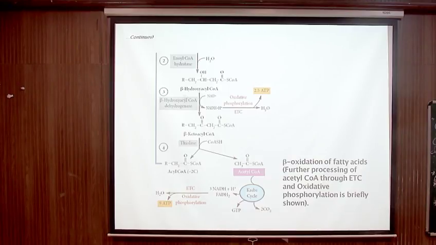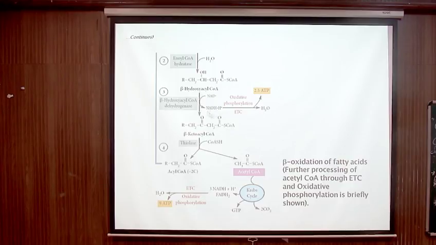So what is the next step after hydration? It is again oxidation, so we need another dehydrogenase. The enzyme will be beta hydroxy acyl coenzyme A dehydrogenase. But the coenzyme here is not FAD, it is NAD. F for first, FAD, and here it is NAD. NAD will get reduced to NADH plus H plus. FAD will get reduced to FADH2, and NAD always to NADH plus H plus.